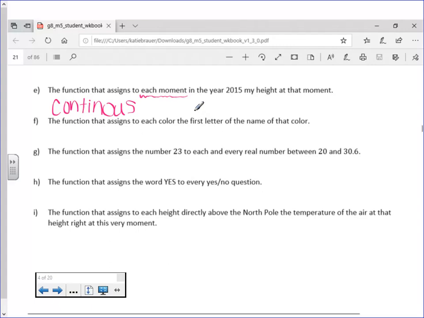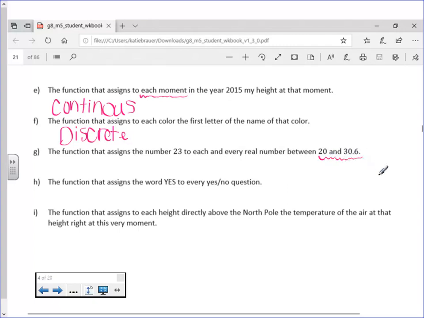F says the function that assigns each color the first letter of that color. So this one's all in words, and I wrote down at the top that if you have something that doesn't even use numbers, that's considered discrete. G, the function that assigns the number 23 to each and every real number between 20 and 30.6.